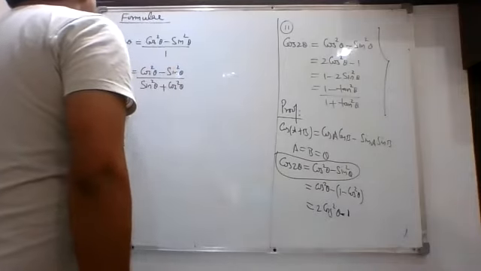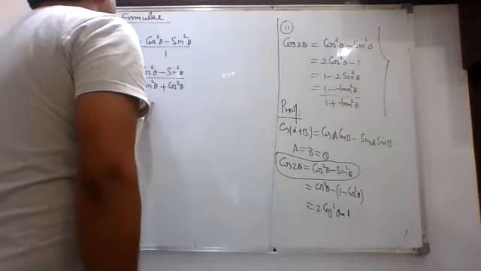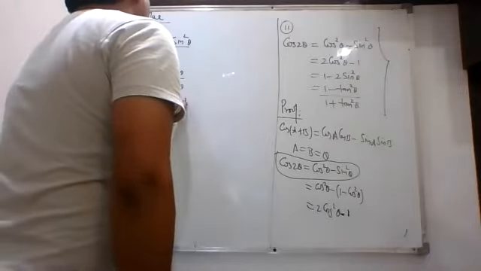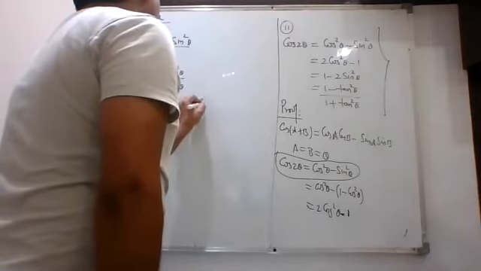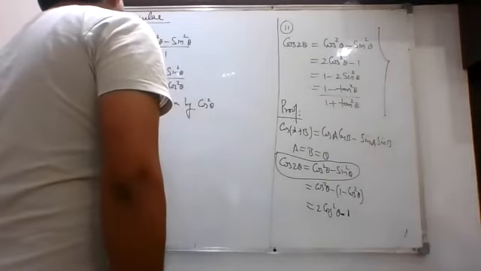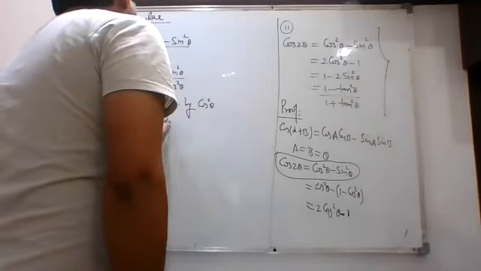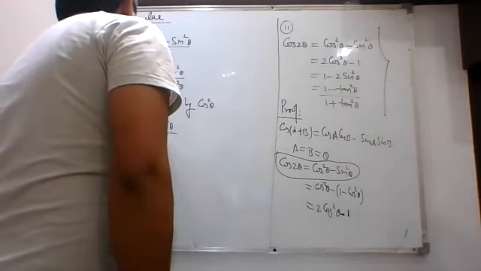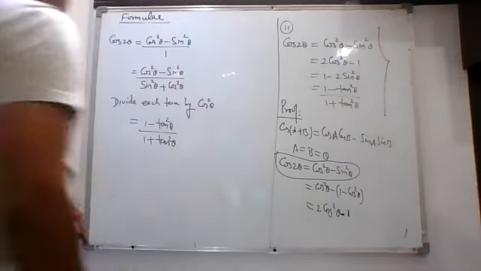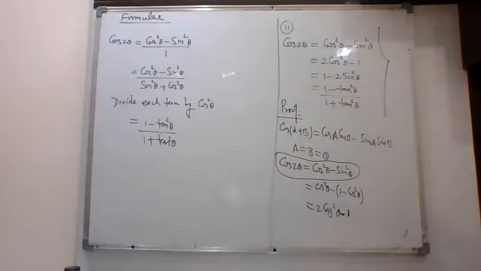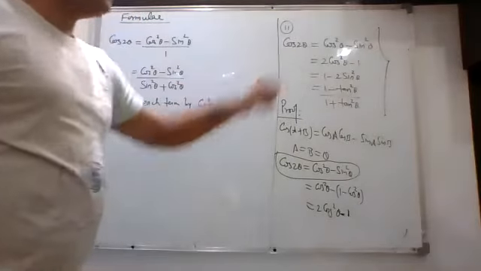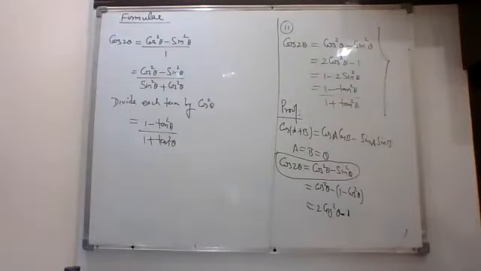Now again if you divide each term by cos² θ, then you will get this as 1 minus tan² θ upon 1 plus tan² θ. Right? So this is how you can prove these 4 formulas for this cos 2θ.